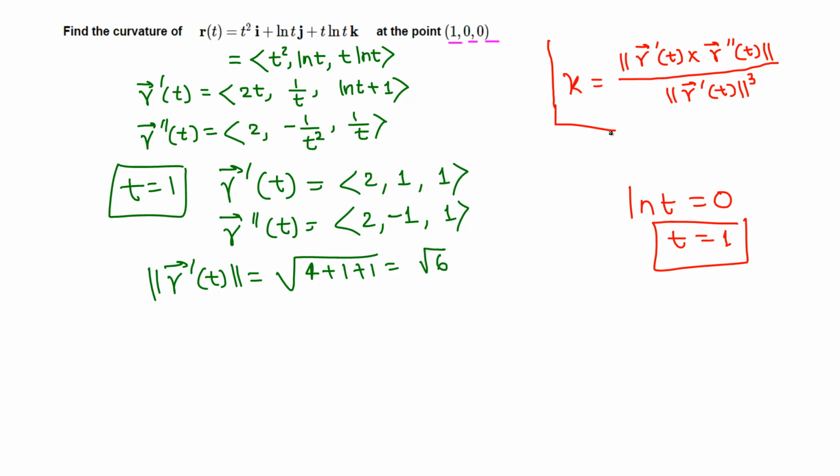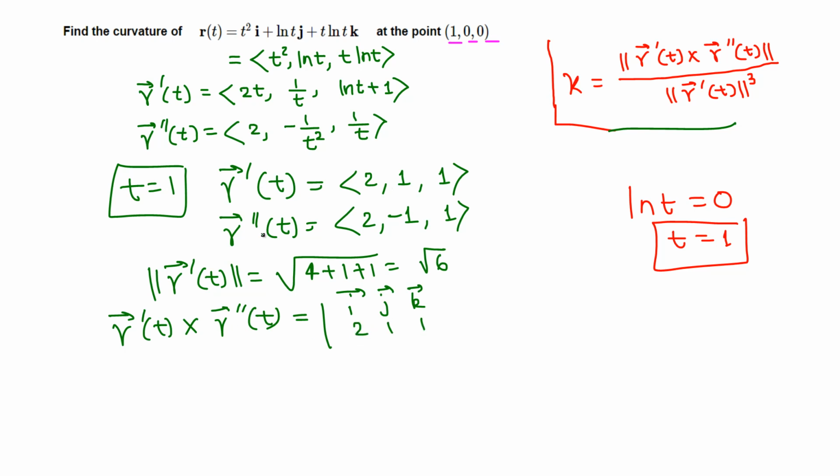Okay, that goes on the bottom of this formula. Find the cross product, r prime cross r double prime, that is i, j, k. r prime is 2, 1, 1. r double prime is 2, negative 1, 1. Let's evaluate this. With i, this is 1 times 1, 1, minus negative 1, so 2, 2i, or we can write in terms of component notation.